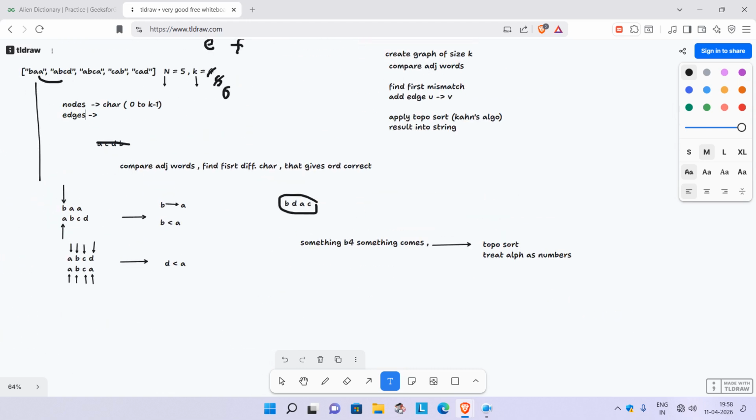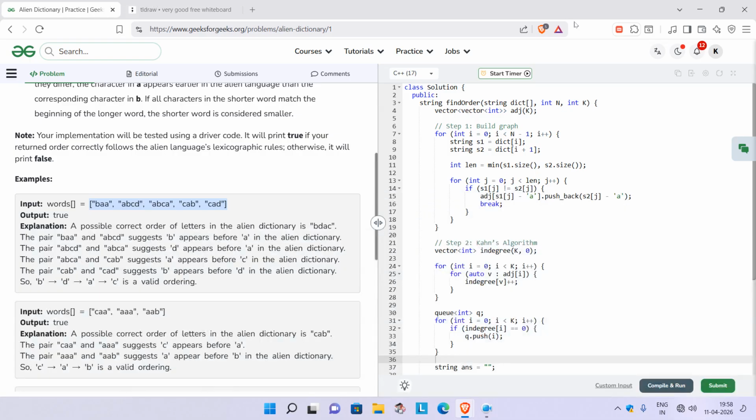So come to this coding part here. See, our main function is given here, where we are given our dictionary array, there's an n there, and a K, the words given. We use a vector of int for the adjacency list. To make this adjacency list, we traverse from 0 to n minus 1, since we are comparing i and i plus 1, so it stays under the limit.